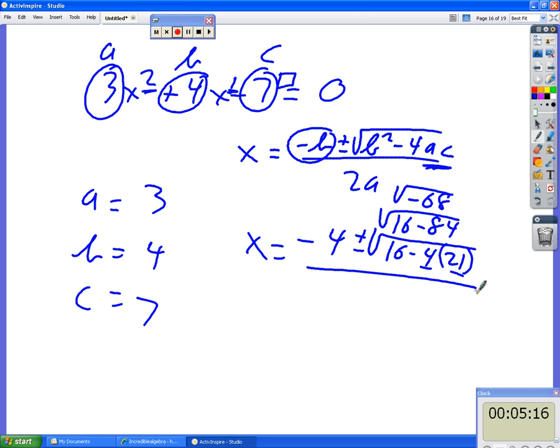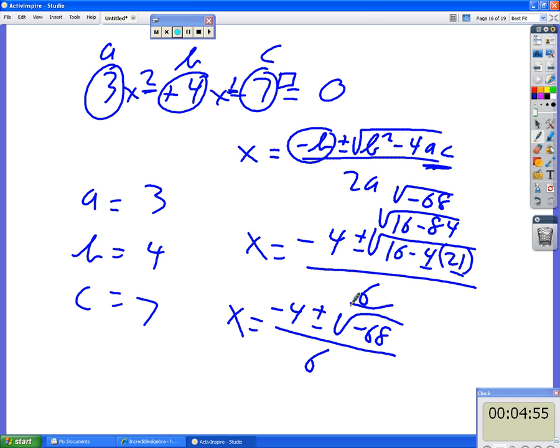And that's all over 2a. 2 times a, a is 3, 2 times 3 is 6 on the bottom. So what is x equal to? Negative 4 plus and minus the square root of negative 68, all over 6. That would be our answer.